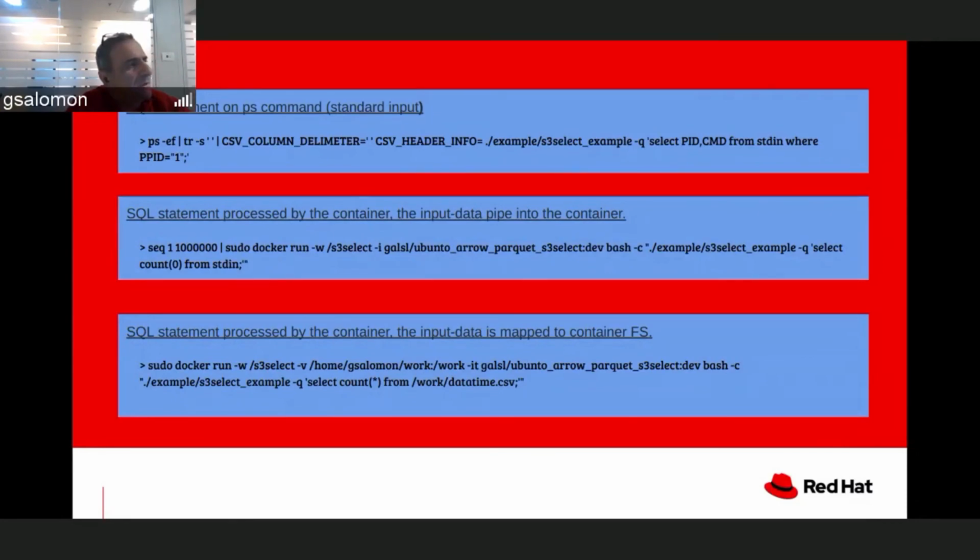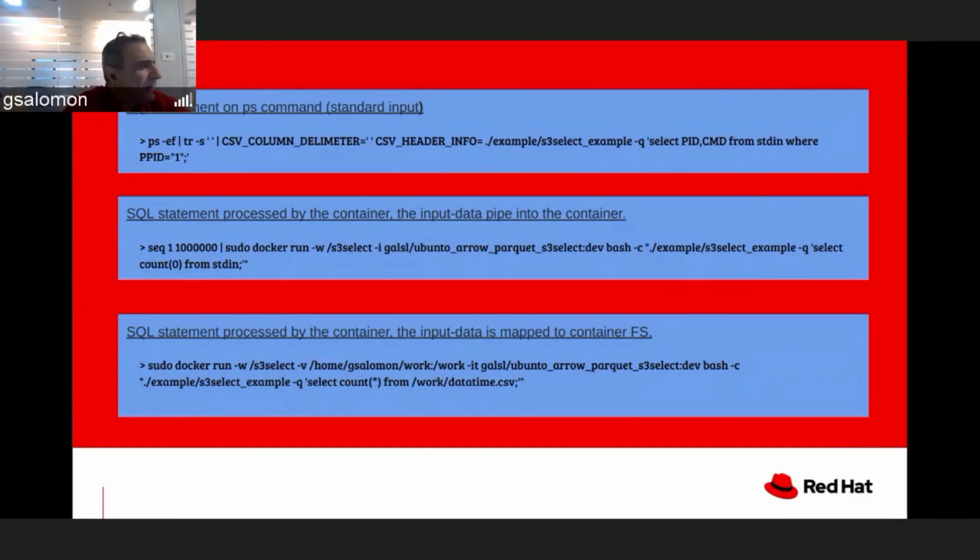You can see that we do select PID, command from standard input, where parent PID equals 1. It is so easy. You can do it from the command line. That's it. In the second example, you can see an SQL statement processed by a container. I will explain about this container later. The input data is piped into the container itself.